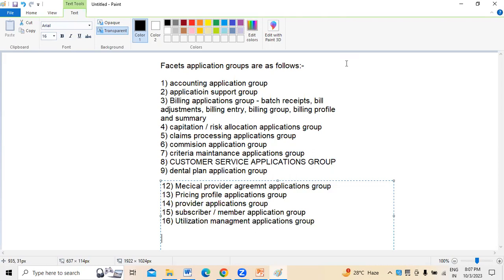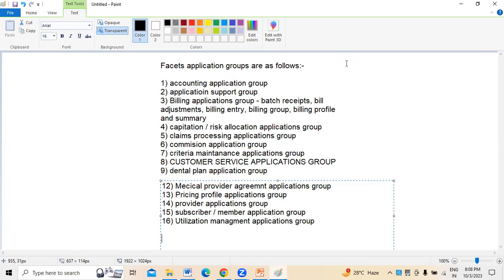After that, the medical provider agreement application group, which majorly focuses on whatever DRG rules we have. So regulations, rules and all, if there is anything that we have to provide, because there is some particular medication which is allowed, and in certain conditions some medication has to be provided.